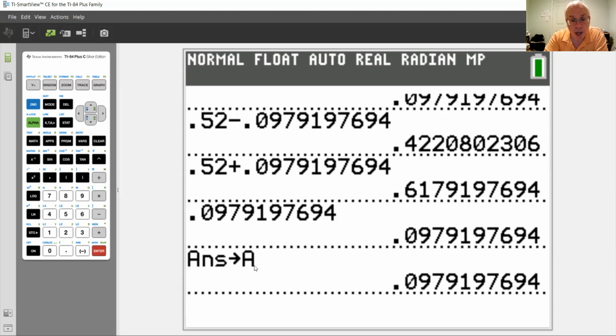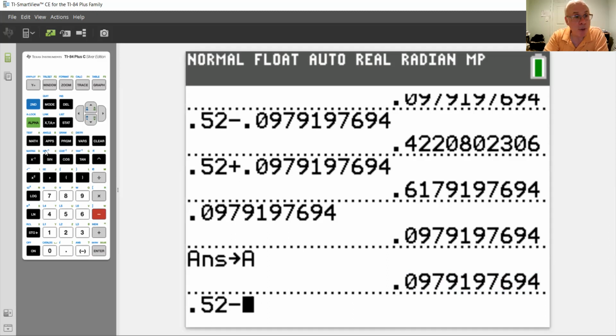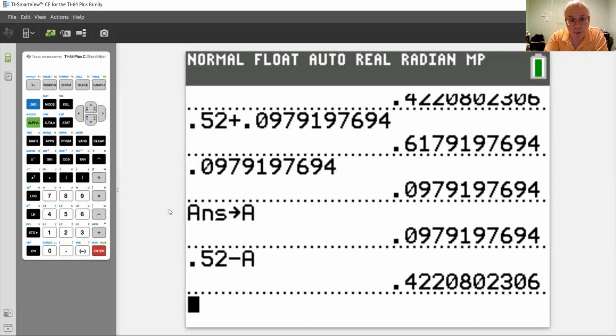This is an alternative for you to store numbers that you see on your screen. Now that we know A is 0.0979, if we want to calculate our confidence intervals, and this is helpful for those of you with the 83 calculators, you type in 0.52, that's our sample proportion. Then we subtract, and instead of having to scroll up, we know this number is in the letter A, so we just do alpha A. We take 0.52, subtract A, hit enter, and there is our left endpoint.